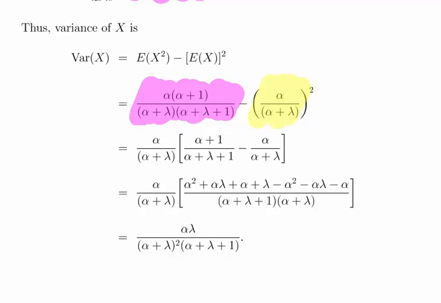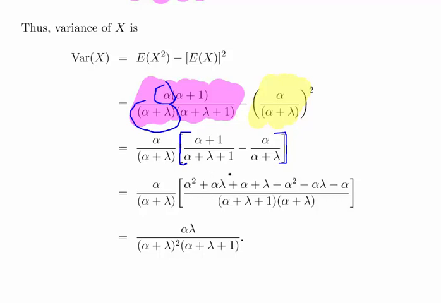What I'm going to do is factorize it out a little bit. So I have this expression here and this expression there, and I factorize out alpha times alpha divided by alpha plus lambda. What I can do there is cross multiply and cancel out.